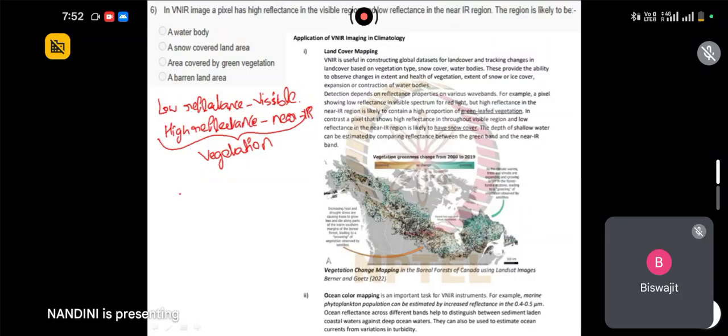Now, for a pixel that shows high reflectance in visible, we know that the solar radiation peaks in the visible range of the spectrum, right? Around 500 nanometer, we have already learned.